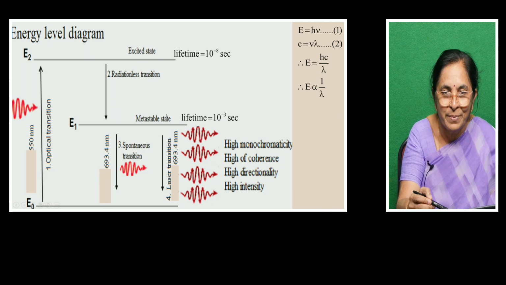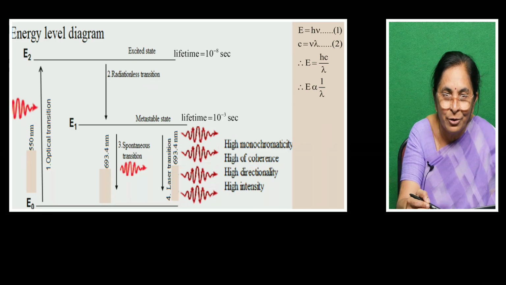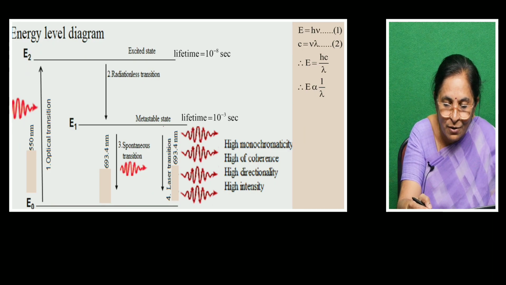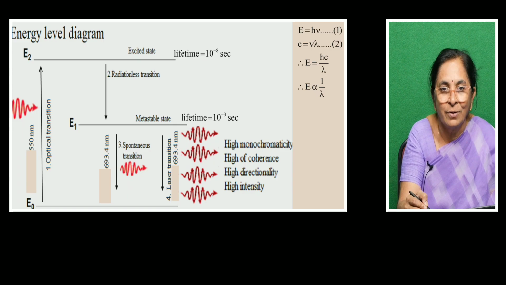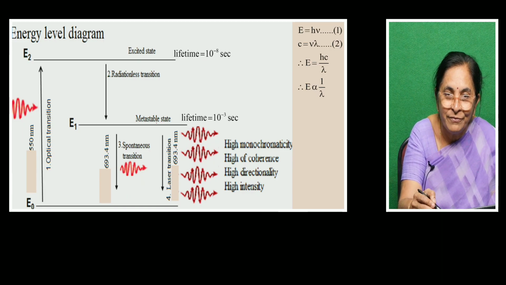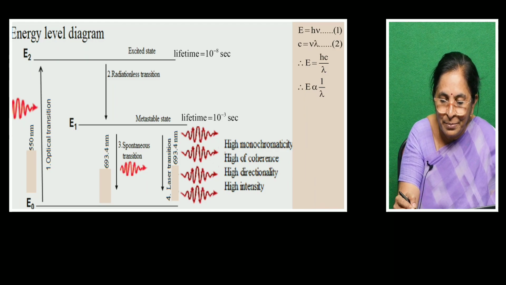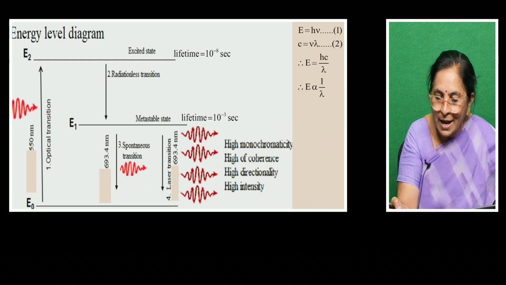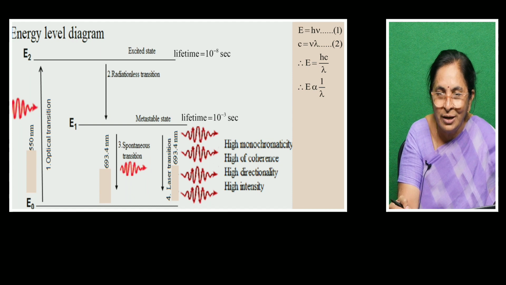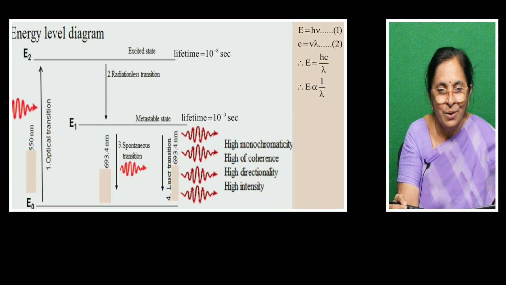Now each chromium ion absorbs this photon. Now what happens? It cannot hold that much energy, so it gives off its energy as a photon as well as the absorbed photon. So these emitted photons now will be interacting with the other chromium ions in the metastable state, and you can see many photons are coming out. They are traveling in the same direction, having monochromaticity and coherence, highly directional and highly intense also.